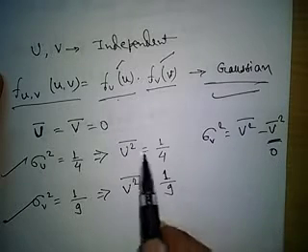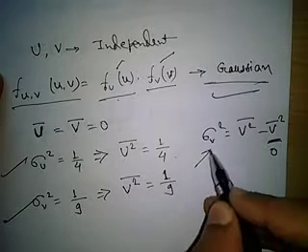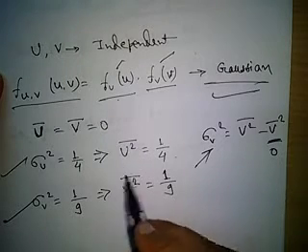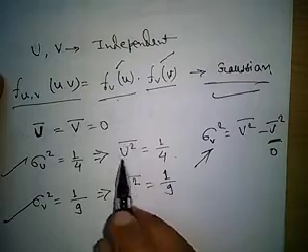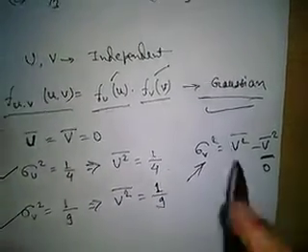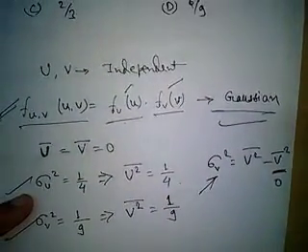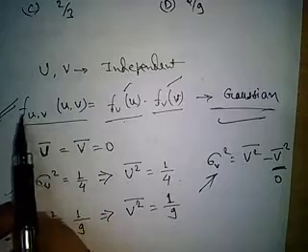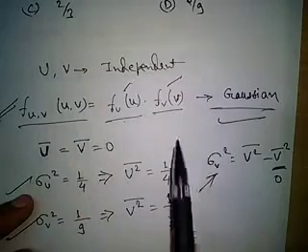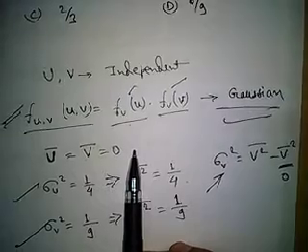So V square mean will be directly the variance, and similarly we can derive this for U square. So these are the given things, and we come to know that the joint PDF will also be Gaussian. And now we try to solve the problem.